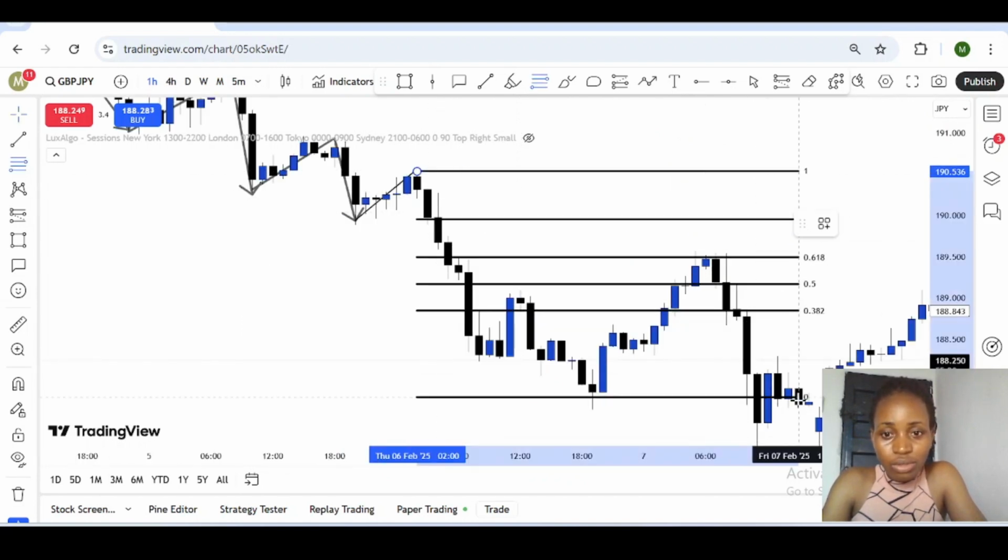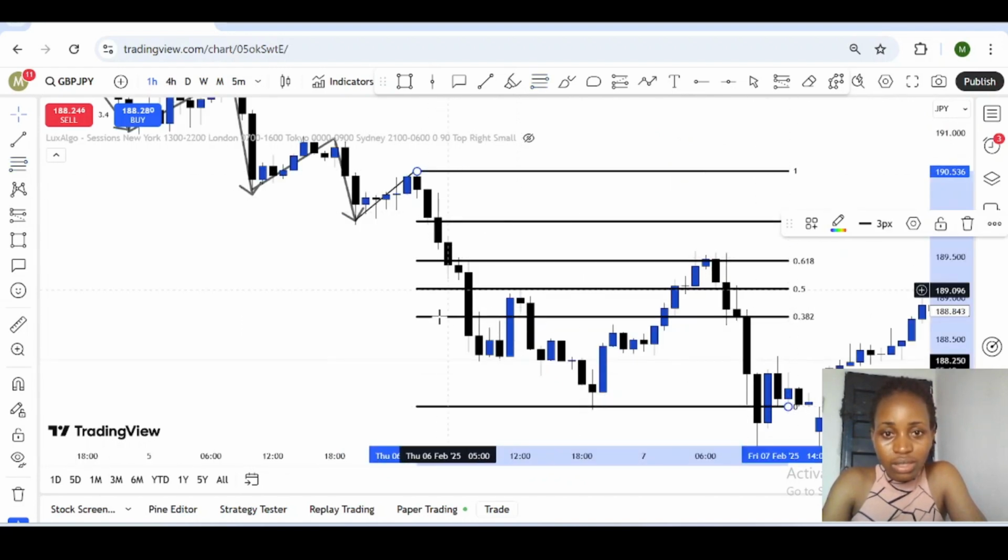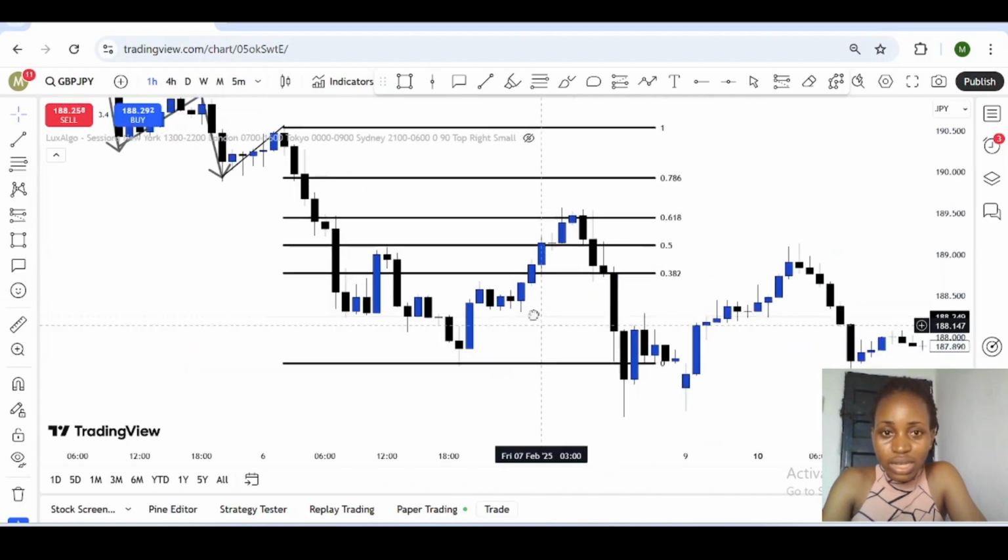So from here now to this last one here, you can see that price retraced in, took out this particular point here, took out liquidity here, and pushed all the way in with a fair value gap here or so, but respected this here before the next push to the downside.